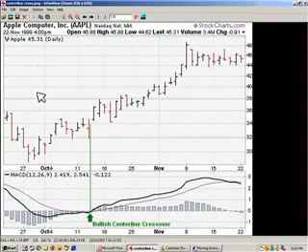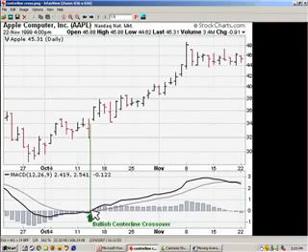This chart shows a good example of the bullish centerline crossover. This is where the MACD line is below the center line, also known as the zero line, and as it crosses over, it goes into what we would consider bullish territory.